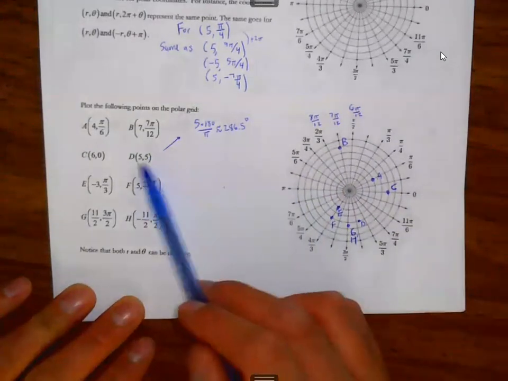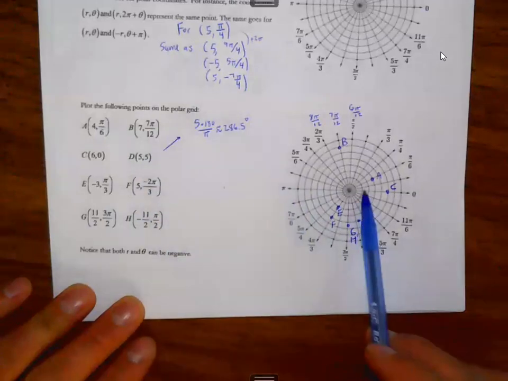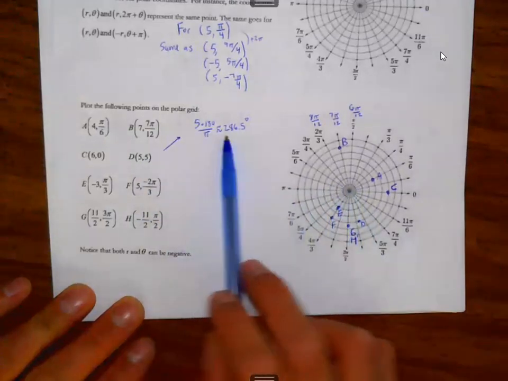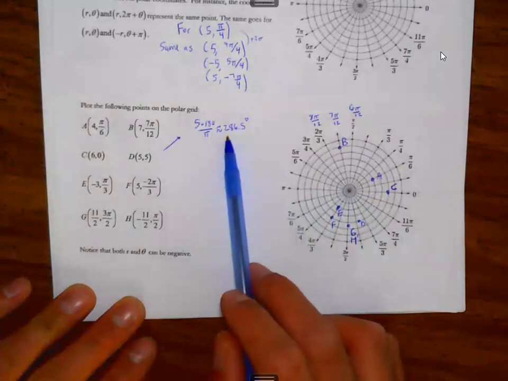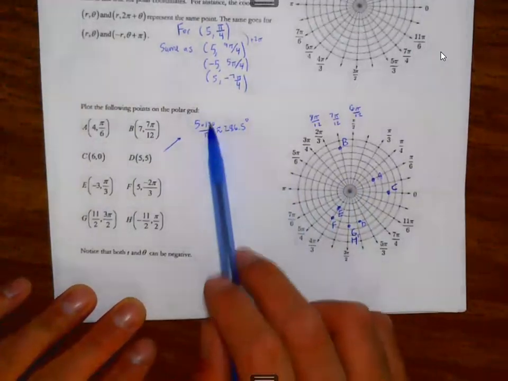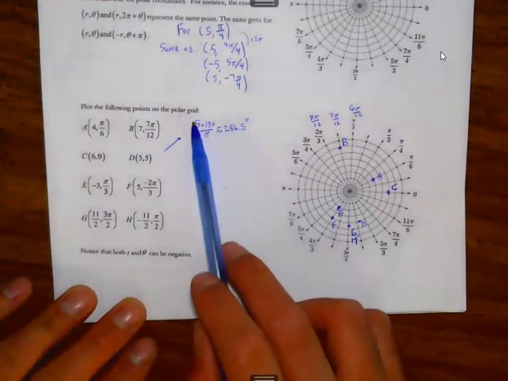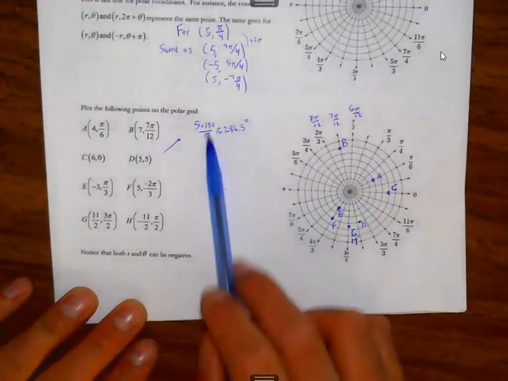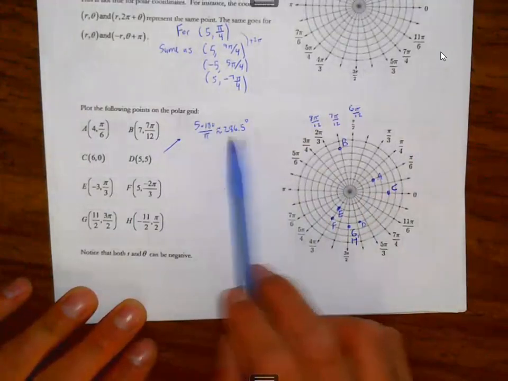So 5 comma 5 means we have to move 5 radians counterclockwise. To understand where that would be, I converted it to degrees. To go from radians to degrees, you multiply by 180 over pi, because radians are usually in terms of pi, and I want to divide out the pi. So I get 286.